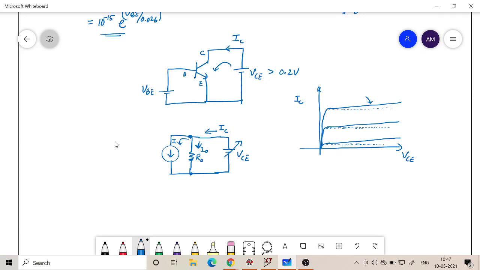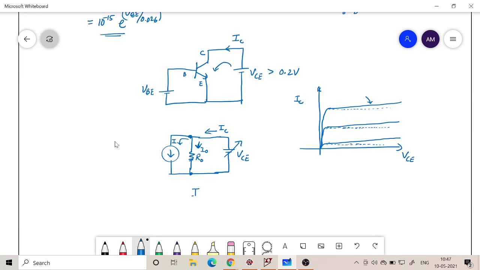Now let's find out what is the value of R0 here. To do that, we are saying the collector current is having two portions. One is flowing due to the current source, and that will be fixed. Whatever is the current source value, I am calling it I, and the other portion is I0, which is passing through R0.